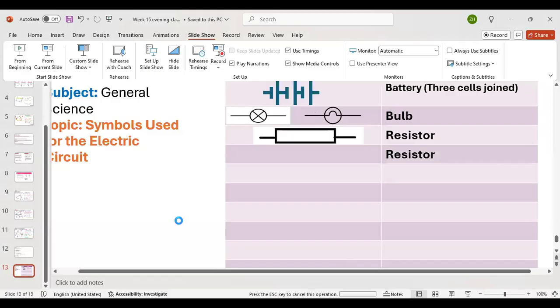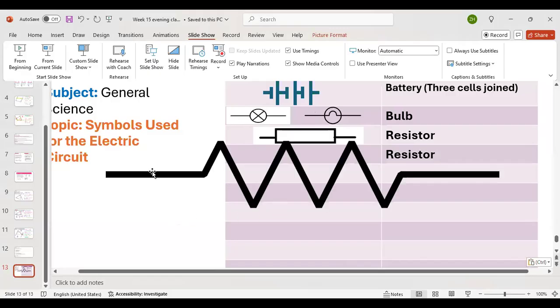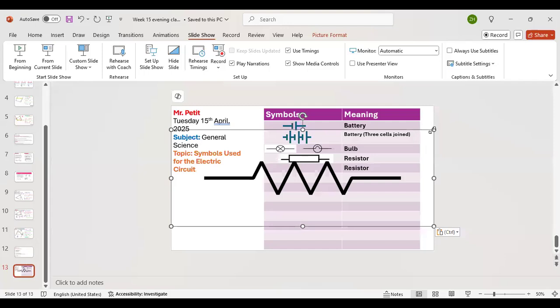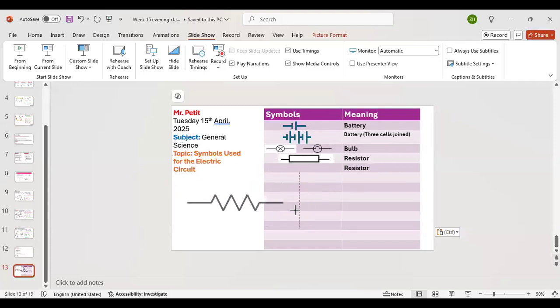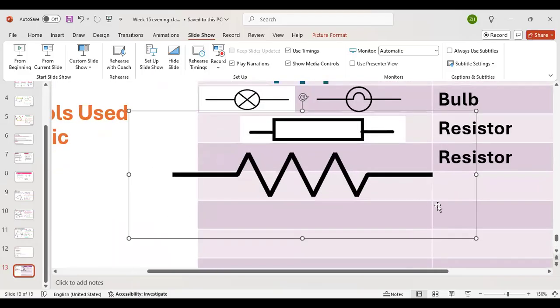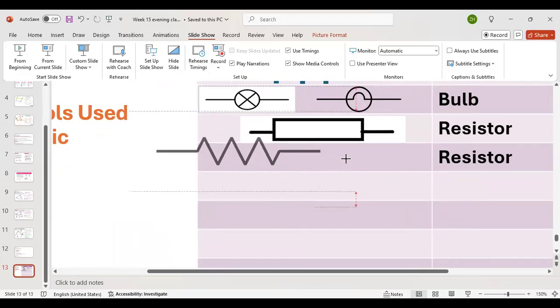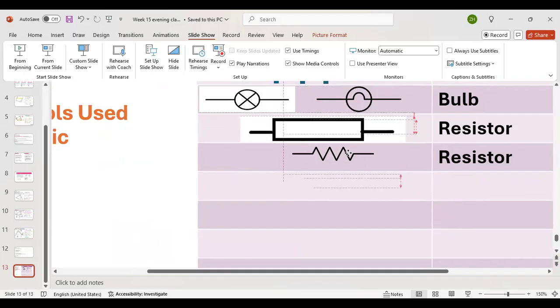So this is also a resistor. The other image, so it ain't a drawing no more. The other image, pre-made, especially for this class. All right. The resistor, very good. So this is the resistor.